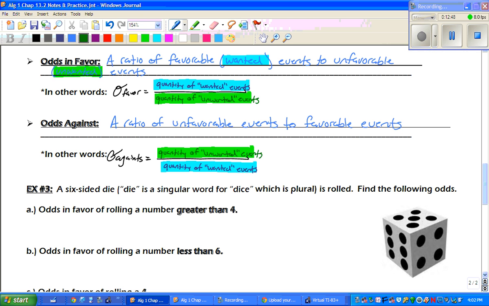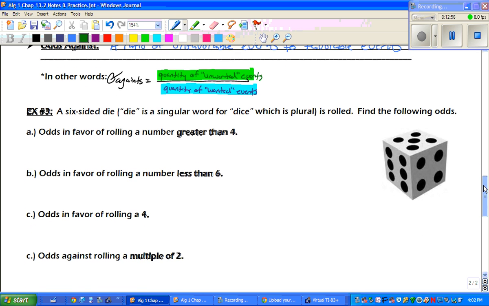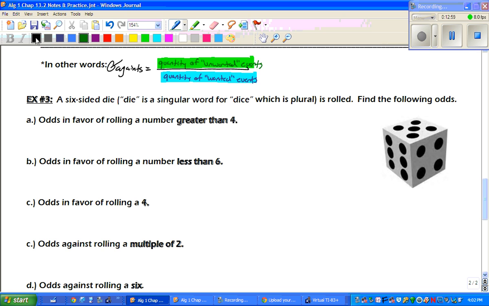Now, a 6-sided die, and remember that die is a singular word for dice, which is plural, is rolled. Find the following odds. The odds in favor, okay? So when we're talking about the odds in favor, we're talking about the wanted over the unwanted.